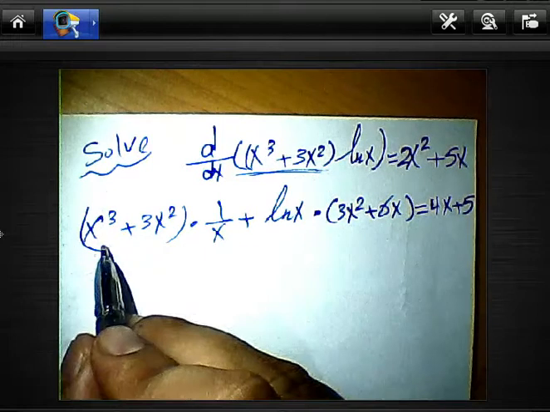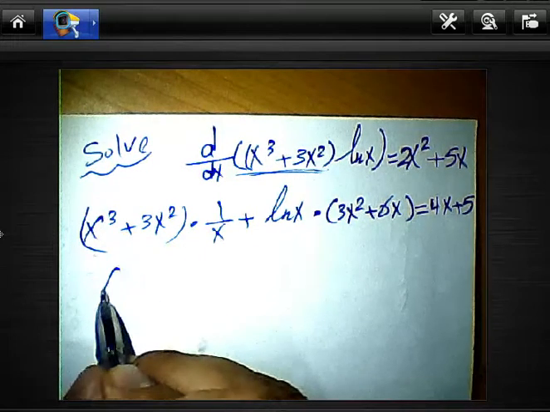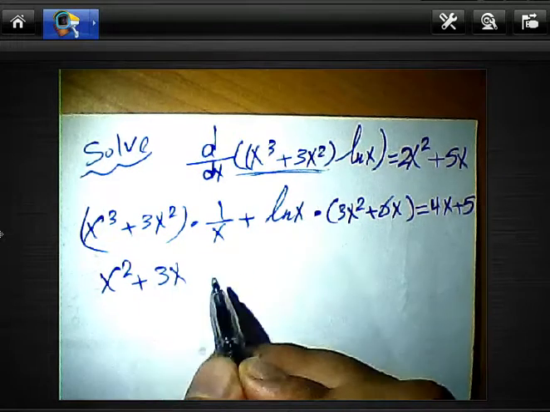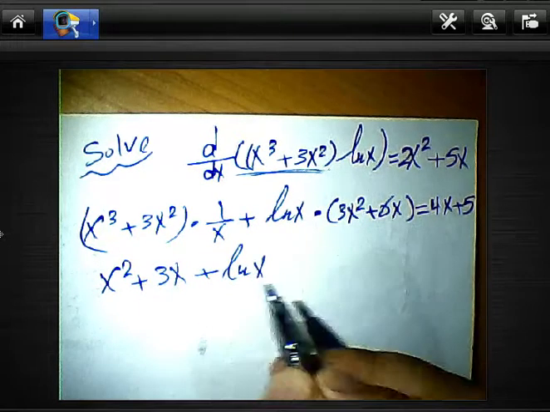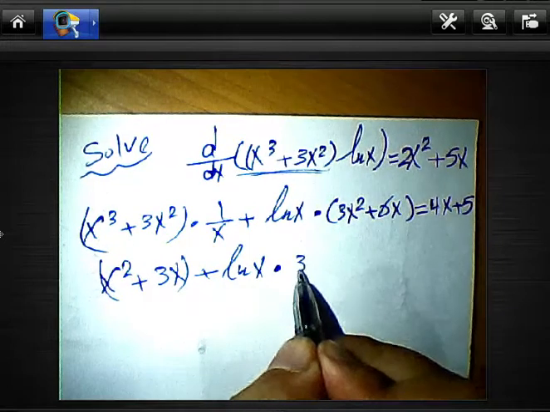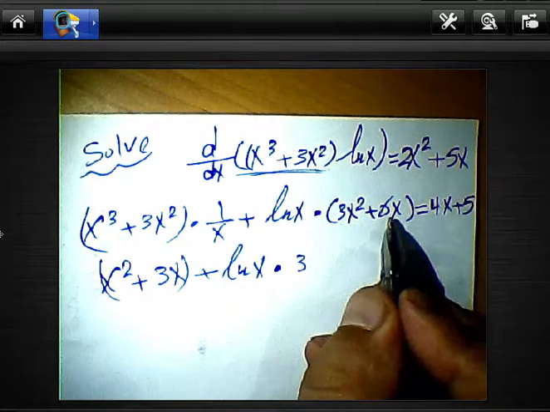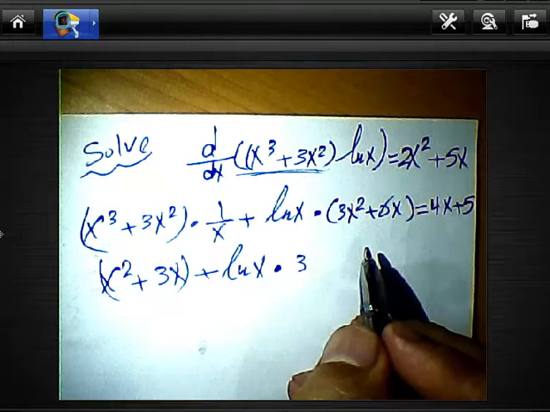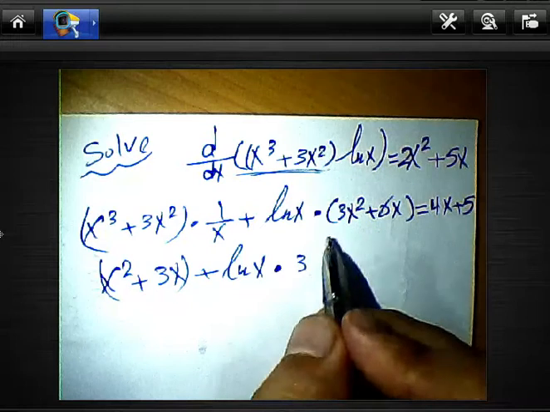We can simplify: x power 3 divided by x equals x power 2, 3x power 2 divided by x equals 3x, plus ln of x multiplied by 3x power 2 plus 6x. We can write 3 outside here.